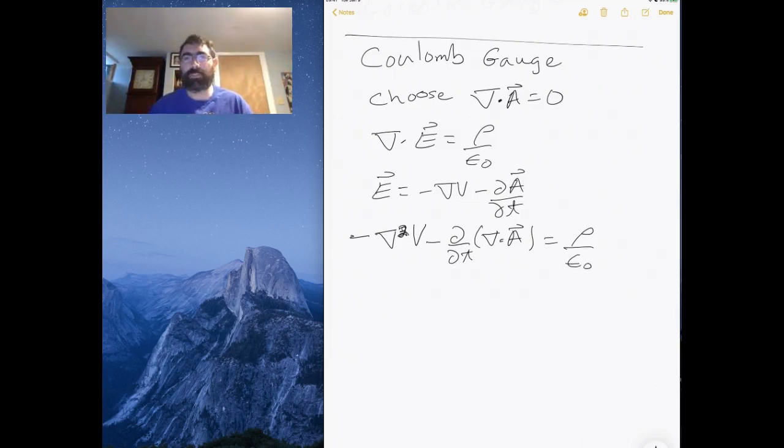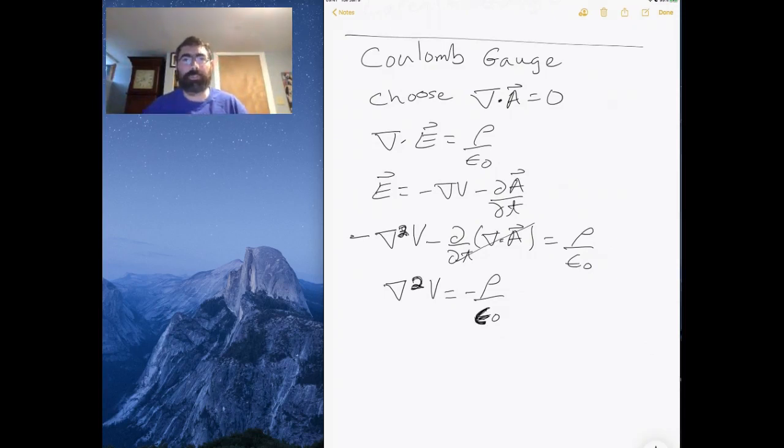Since I said at the very beginning that the divergence of A is 0, this goes away, and what I'm left with is the second derivative with respect to space of V is equal to minus rho over epsilon naught. It's called the Coulomb gauge because we've seen this before.